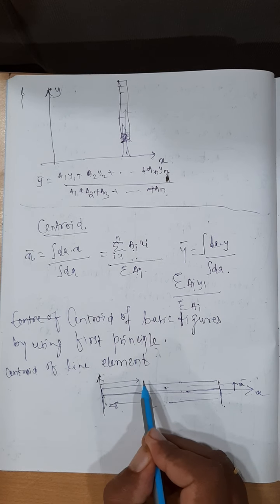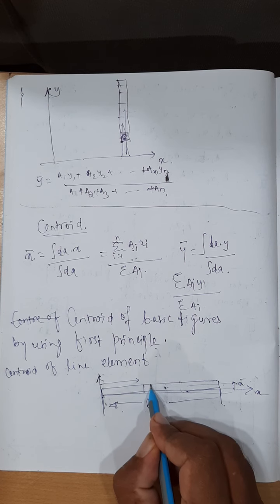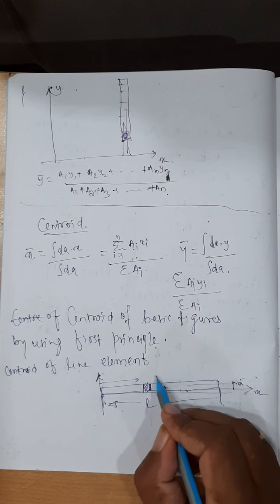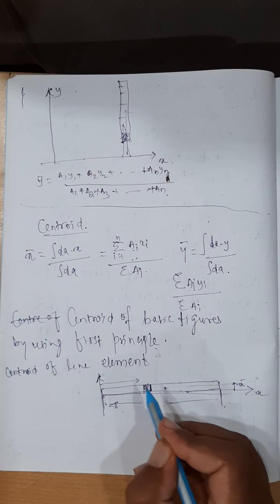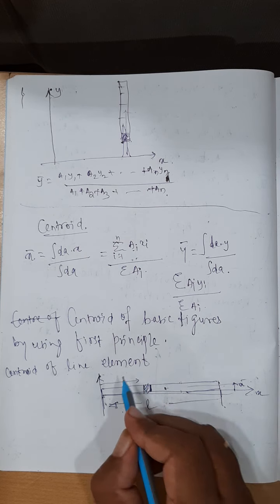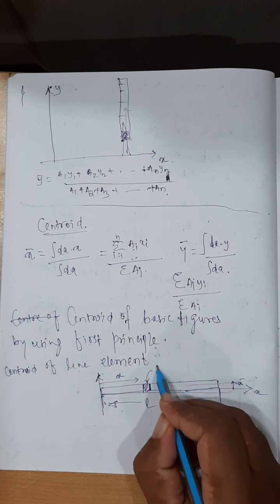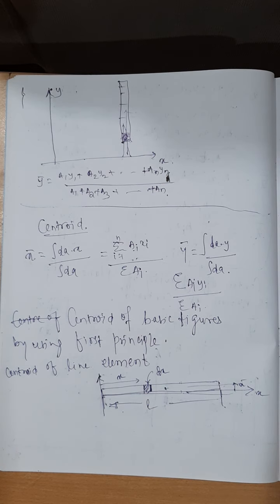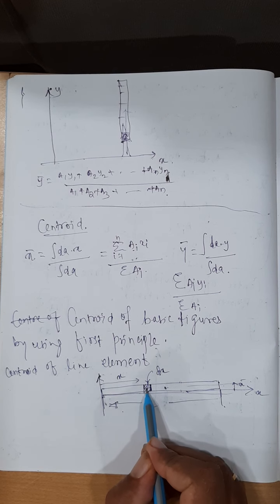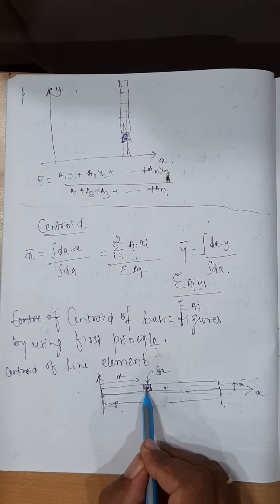To calculate this y bar of the center of gravity of the figure, I am considering a small elemental part of this object, which is located at a distance equal to x, and whose length is negligible and equal to dx.